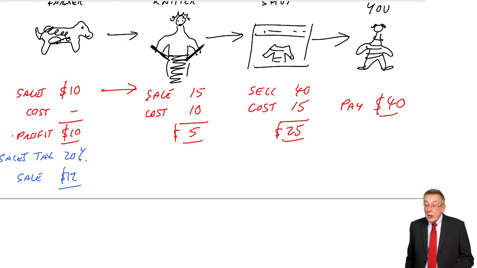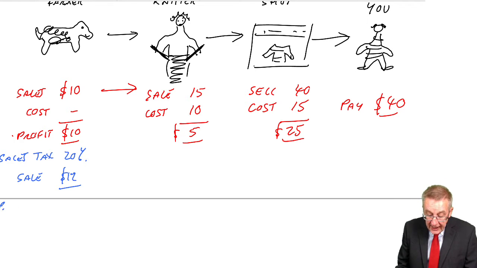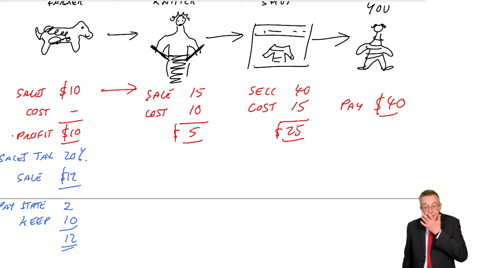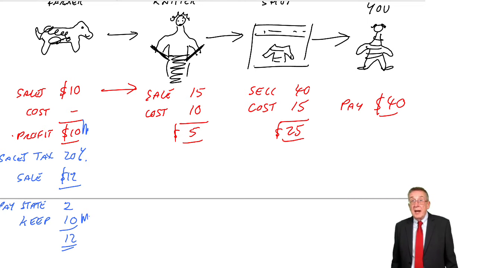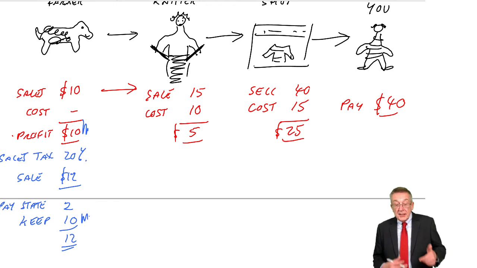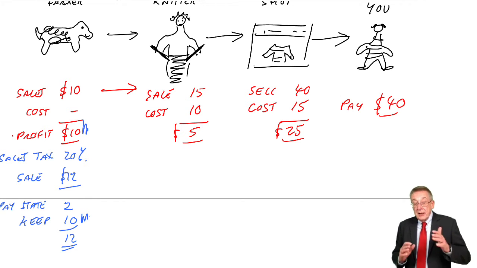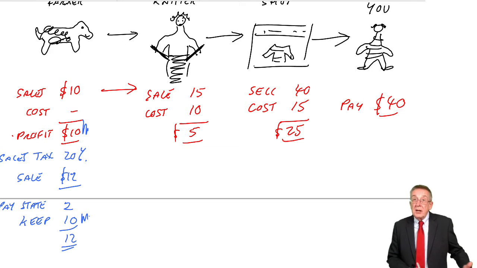However, of that $12, although that's what they'll charge the knitter, the farmer can't keep all $12. $2 of that was tax, and so they pay the state those $2, and they keep the remaining $10. So it's made no difference to the farmer. They still end up with $10, but they had to charge $12. And I say again, of the $12 they get from the knitter, $2 the farmer has to pay to the state, $10 they can keep.